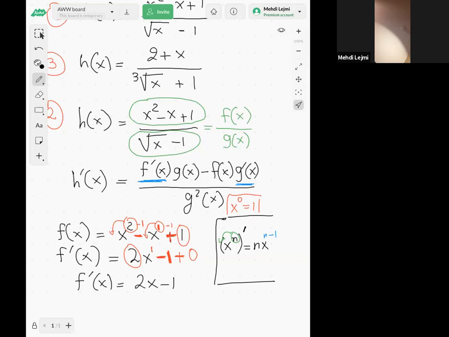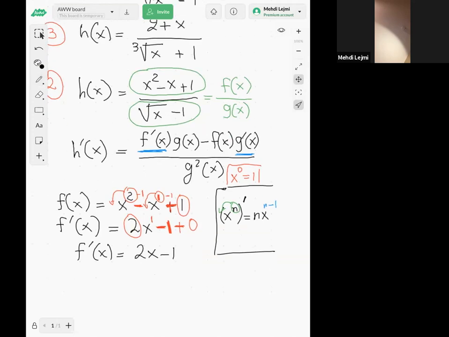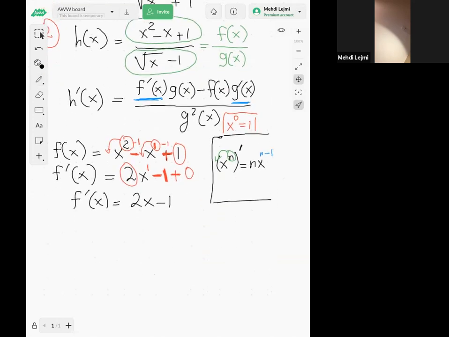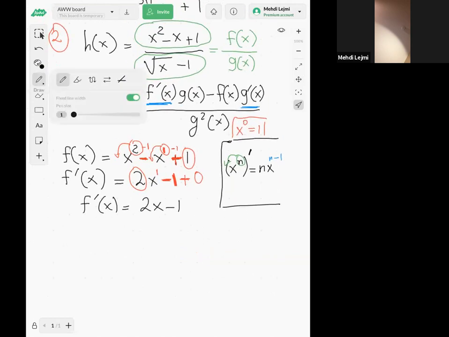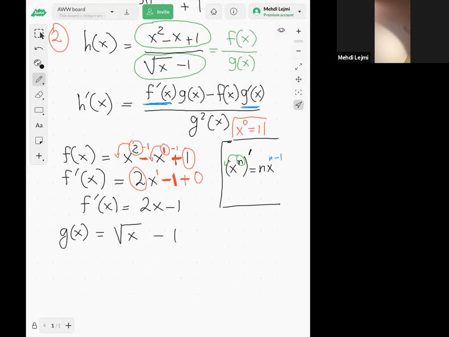Now, what about g prime of x? So we need to use the quotient rule, we need the g prime of x, right? So my g of x is square root of x minus 1, right? So any guess for g prime of x?